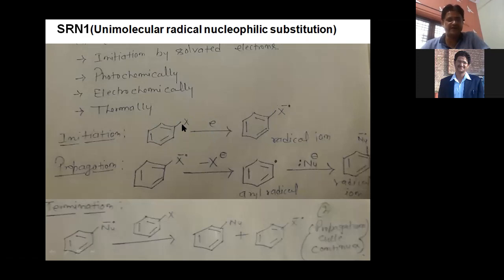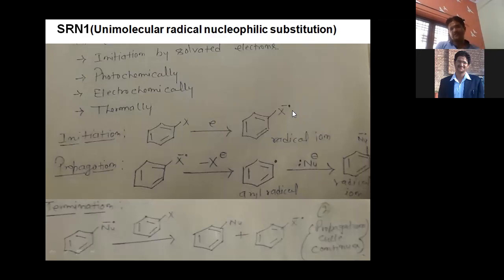And you already know X means halogen, a highly electronegative element, so it can take the electron, and when it does, it converts into a radical ion.